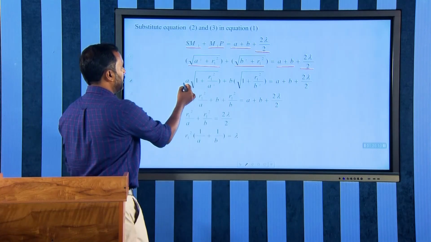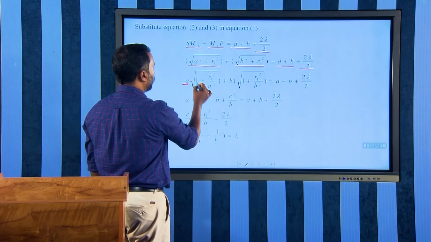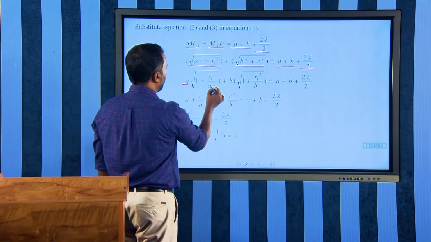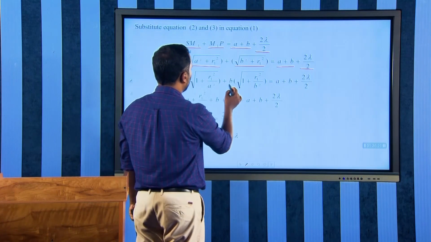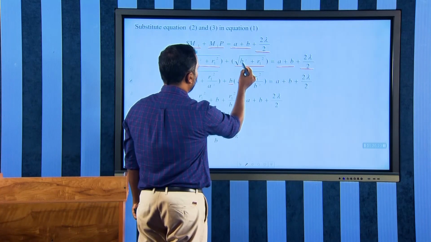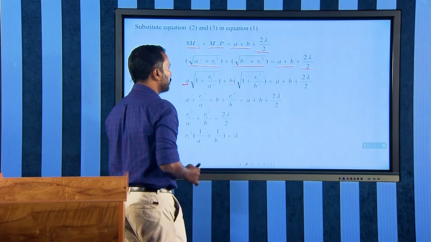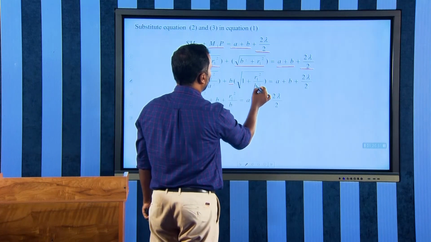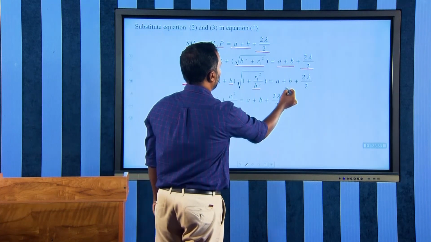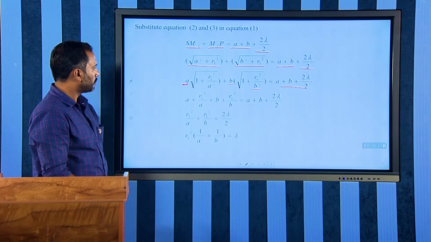Now, I took a as a common factor from this one, then that will be a root of 1 plus r1 square by a square, plus here I took b square as common factor, which when it comes out of the square root will be b root 1 plus r1 square by b square, that is equal to a plus b plus 2 lambda by 2.